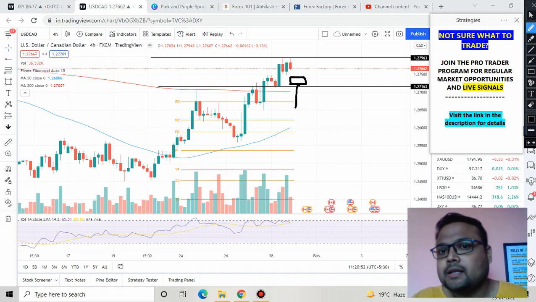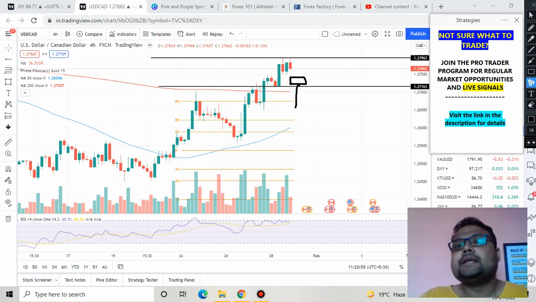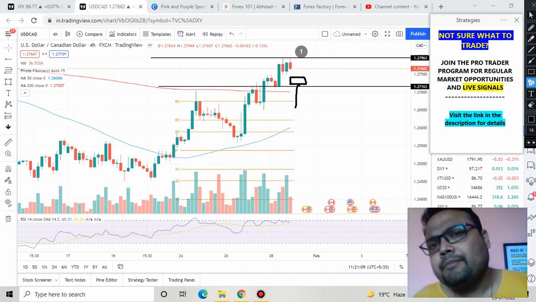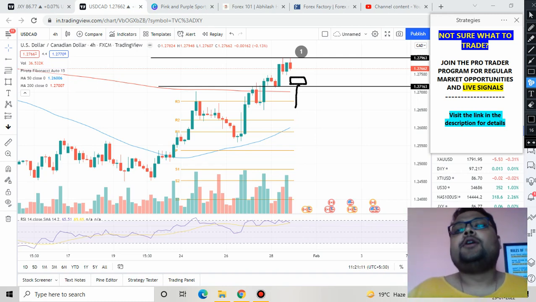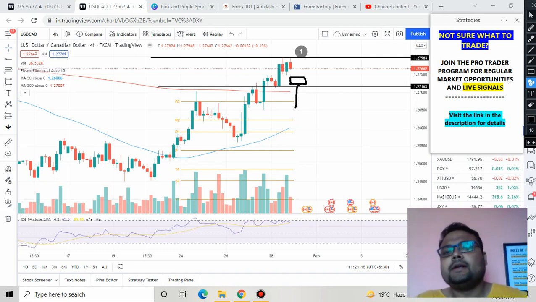Complicated? Let me repeat. If the market breaks out of the level of 1.2800, you can go for a buy after waiting for some time. If the breakout is real, you can go for a buy, because at the same time there is a possibility that the US dollar will give a breakout as well.